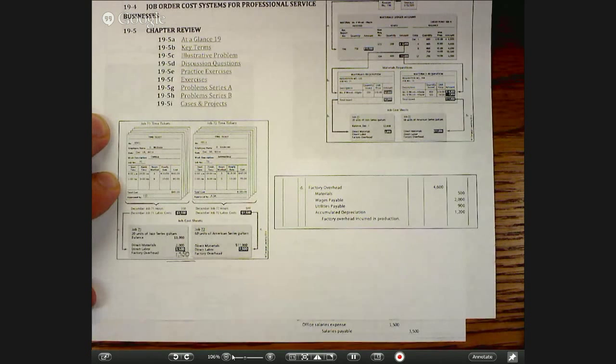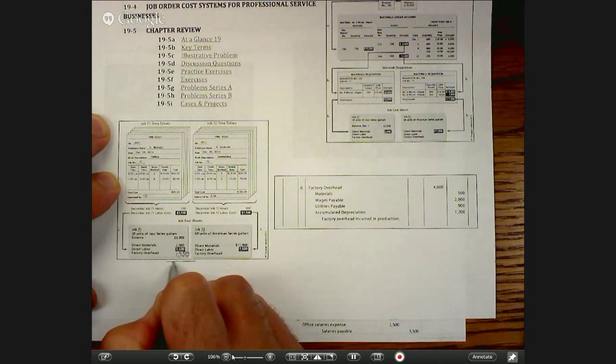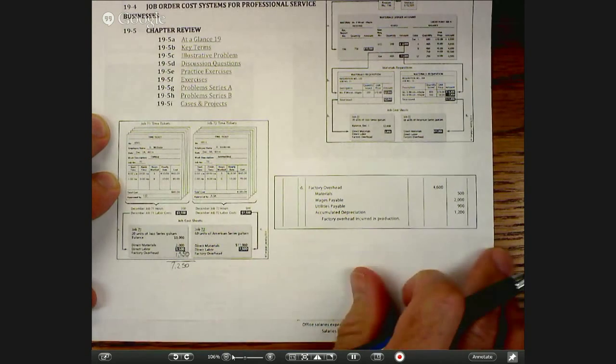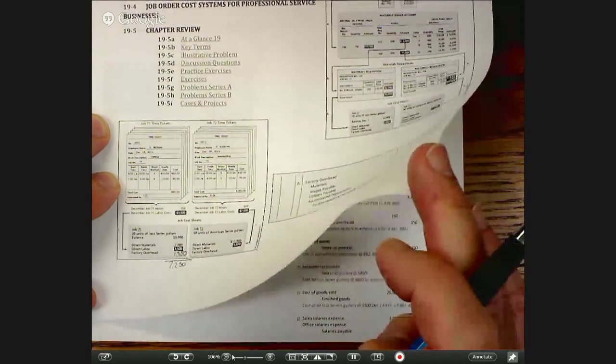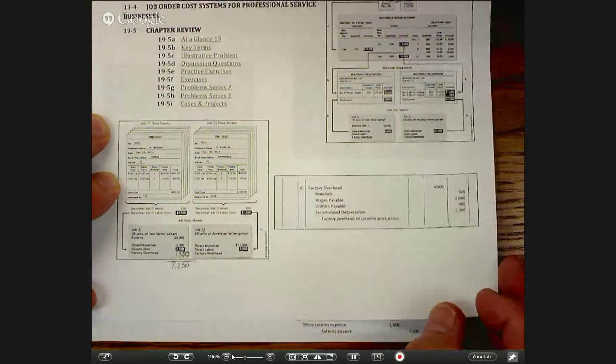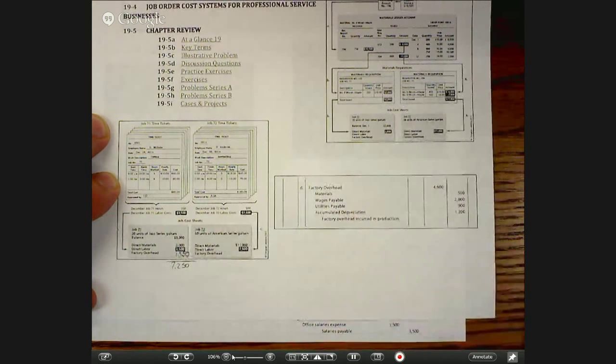So adding the direct material, the direct labor, and the factory overhead for job number 71, 2,000 plus 3,500 plus 1,750, job number 71 has $7,250 attached to it.